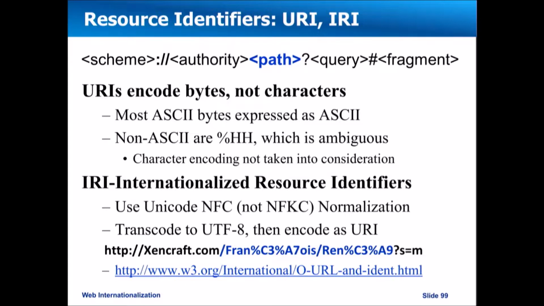Briefly, URIs, as we've mentioned, encode bytes. Anything that's not ASCII should be HH encoded. And you should first take the information that's in the path, convert it to UTF-8, and then you can do the byte conversion. It should be NFC, and that will get you a proper URI.